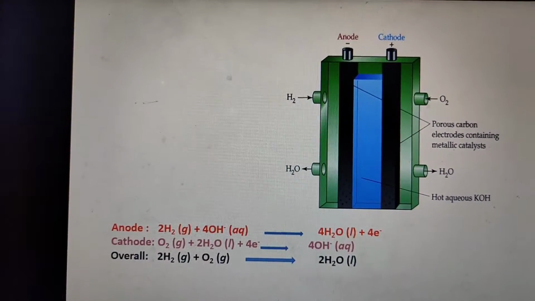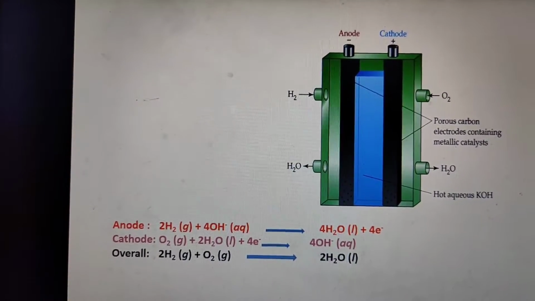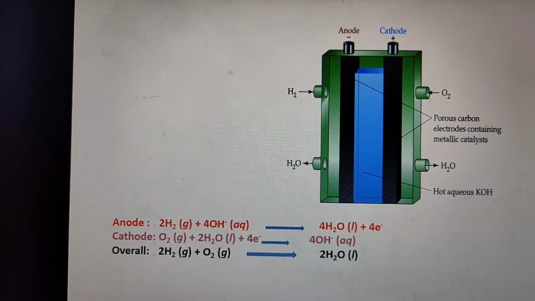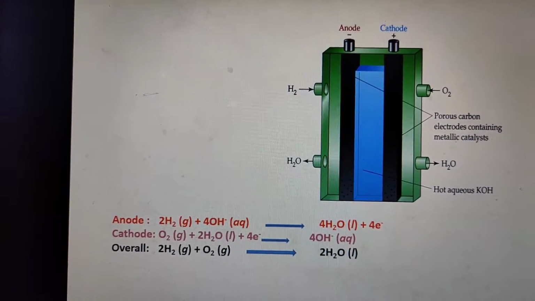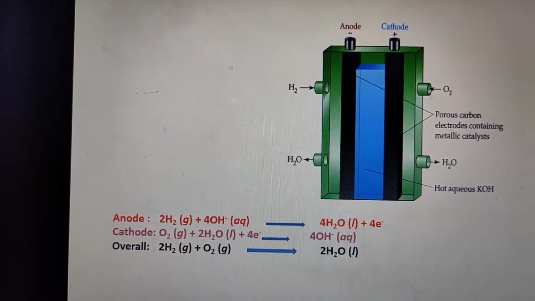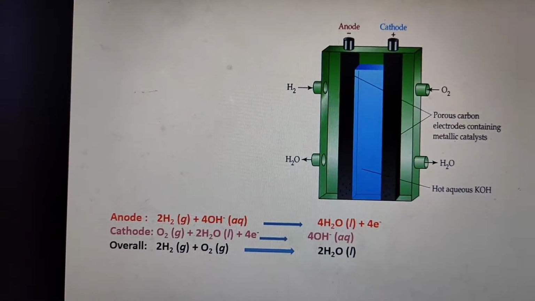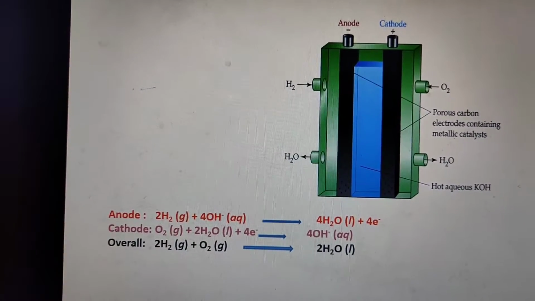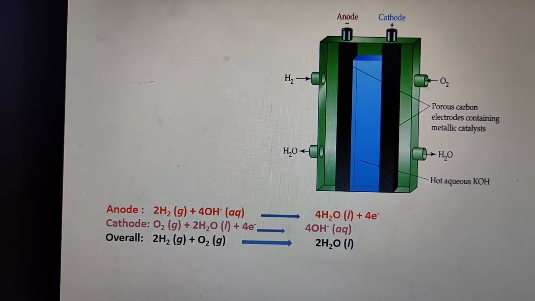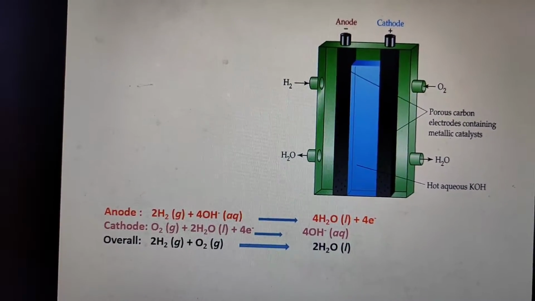Hydrogen is oxidized to water, and at the cathode, oxygen is reduced to hydroxide ion, and the overall reaction is 2H2 plus O2 gives 2H2O. That is, hydrogen combines or burns in oxygen to form water, and it is highly pollution free and highly advantageous because nearly 70% fuel efficiency is obtained.